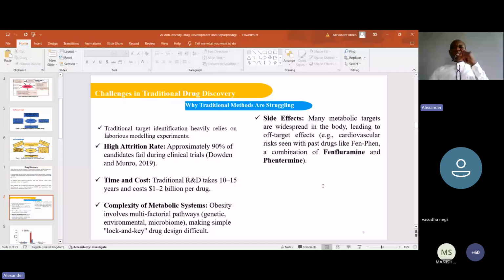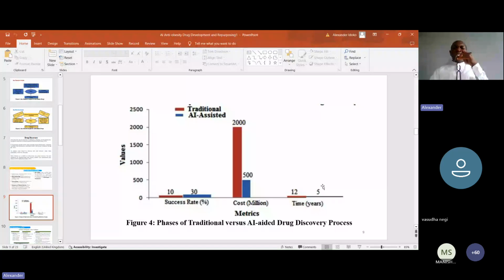Now, we also know that since the emergence of the AI drug discovery process, a lot of progress has been made. Looking at this graph, we can see that the success rates between traditional and AI-assisted are far different. You can see 30 for the AI and 10 for the traditional.